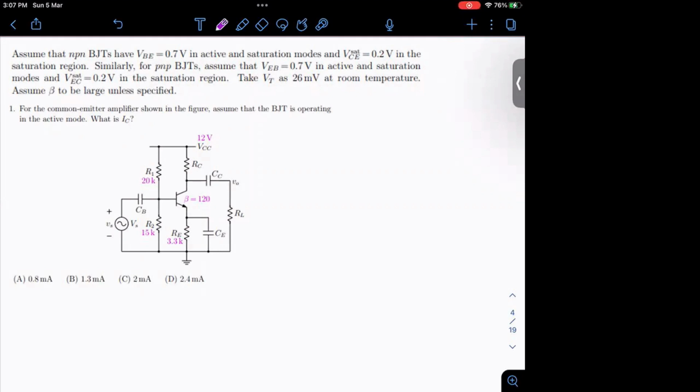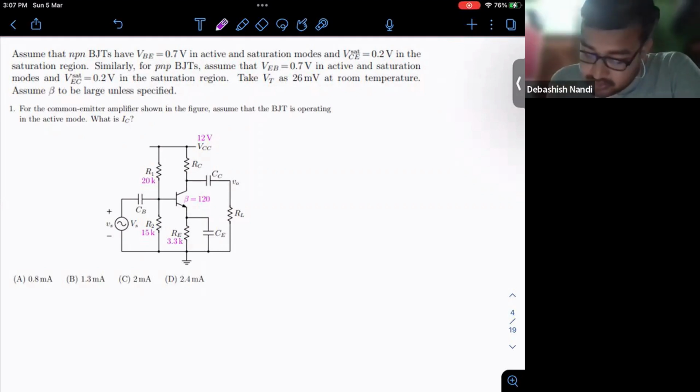Fine, thank you. Moving on to the first problem, as usual, for NPN BJT transistors, bipolar junction transistors, you need to consider V_BE, the base emitter junction, as 0.7 volt. As you know, it is a PN junction, so to be in the active mode, the base emitter junction needs to be forward biased.